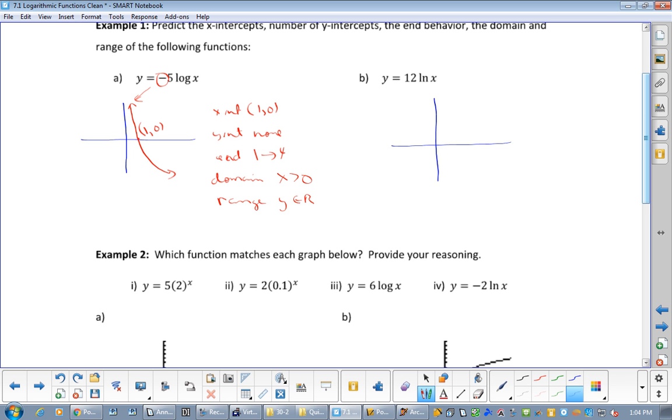Okay, now y equals 12 ln x. Where's it starting? Goes from 4 to 1. Going to be pretty steep, hey? Because of that 12. Because it's positive, I drew it like that.